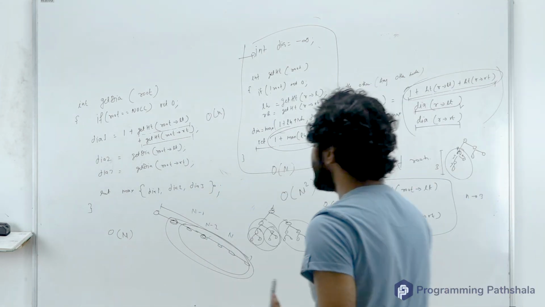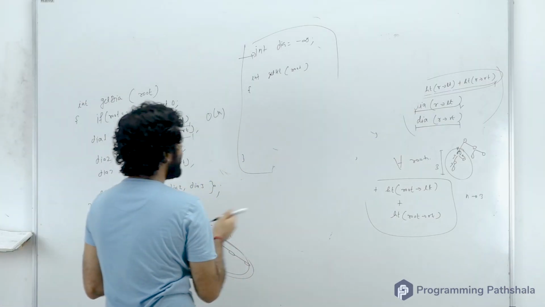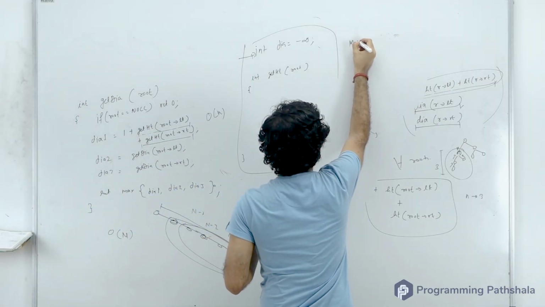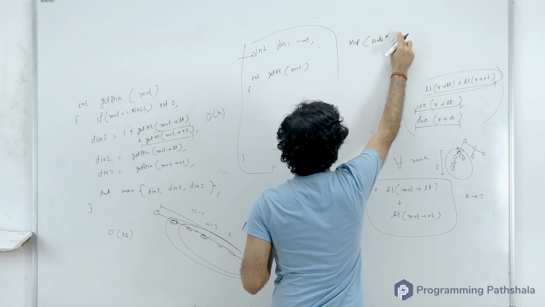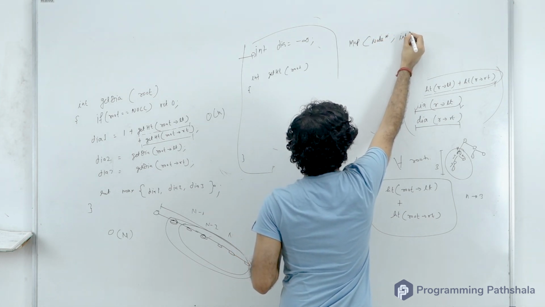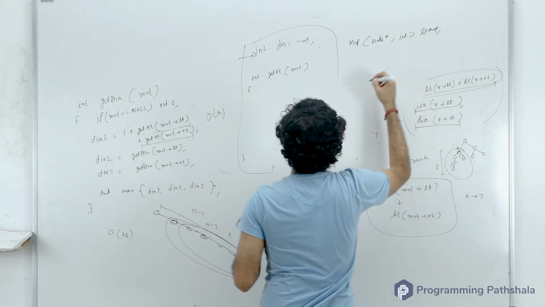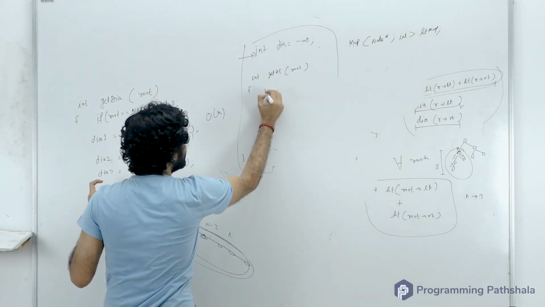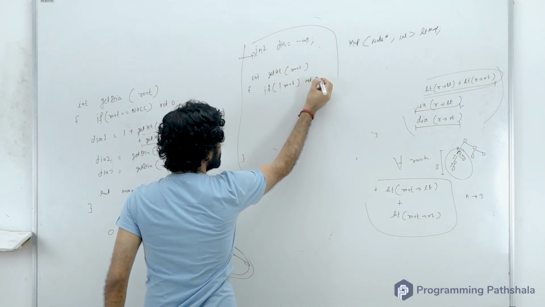So how I can go about it is something like this. I can have a map, and this map has to store the heights of nodes. So the key will be node star and the value will be int, which is height. So let us call it height map. Okay, and I think everything is going to look like that. If the root is null, you simply return 0.